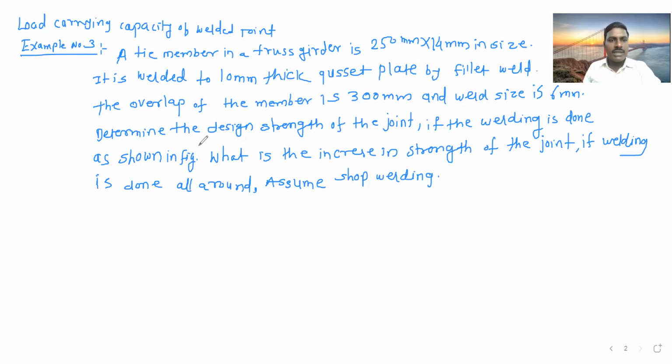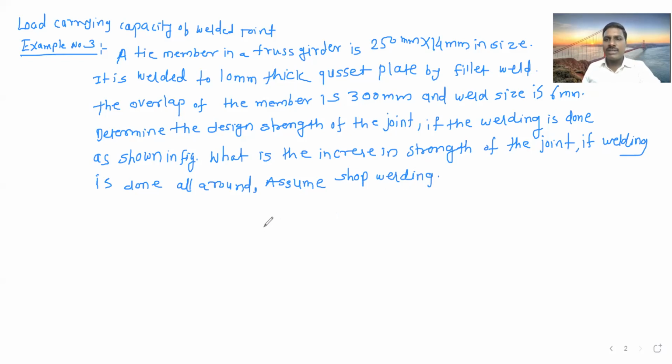Determine the design strength of the joint if the welding is done as shown in figure. What is the increase in strength of the joint if welding is done all around? Assume shop welding. It means we have to calculate the design strength of the joint. Also, one more condition is given. If we weld all sides of the faces, then what will be the increase in strength? That we have to know.